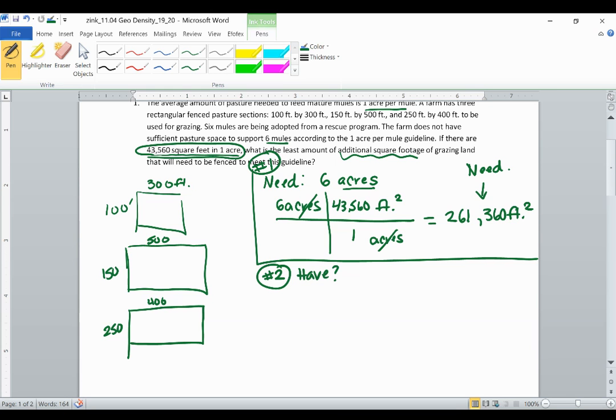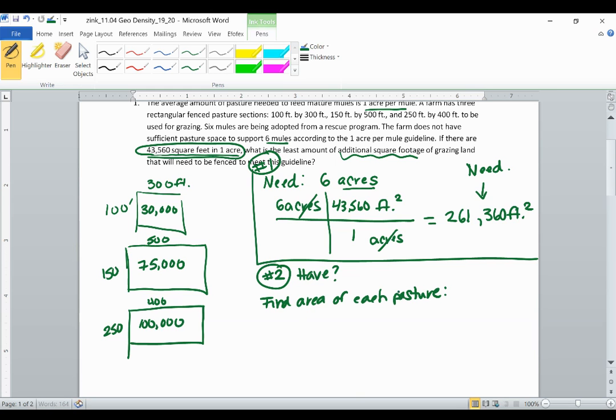So we could find our square footage of these by multiplying length times width to find the area of each pasture. So the first one, we've got 300 times 100, so that's going to be 30,000. 500 times 150 is going to give us 75,000, and 400 times 250 is going to give us 100,000.